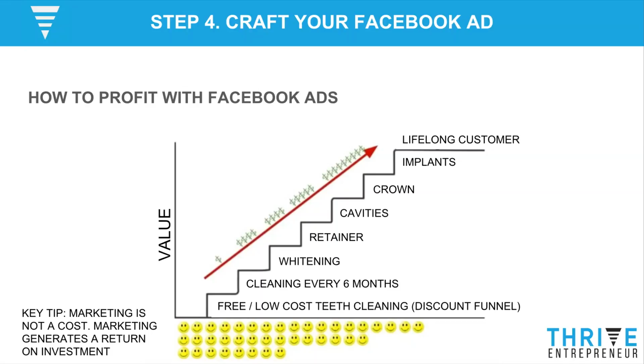Now let's say in this example, 100 people grab the voucher from Facebook using the crazy discount funnel. Out of 100 that grab the voucher, 70 come in and redeem. And like I mentioned before, the dentist is looking over your teeth and he's like, oh, actually, your teeth are looking a little bit yellow. Do you drink coffee or anything? And you're like, no, I don't drink coffee. Well, actually, I can fix that up for you and make them white. Really easily, I can put together a quick whitening kit for you.